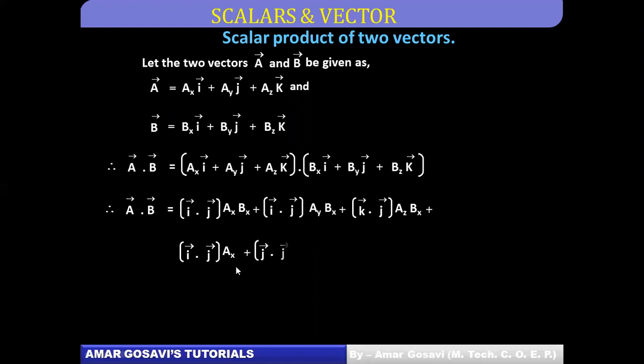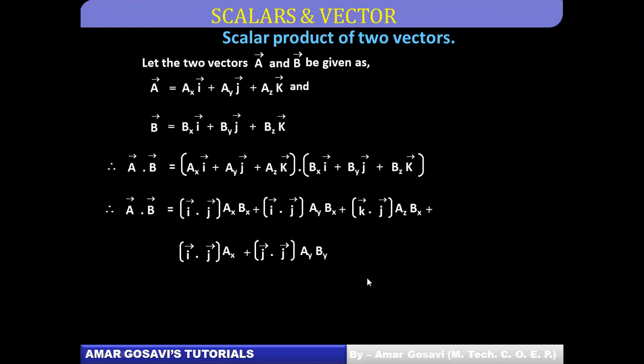Plus second term. If you try to understand, BY being multiplied by AY, so J cap dot J cap, and the coefficients would be AY BY. So that's correctly mentioned over there. The third term, if you try to understand, BY being multiplied by AZ, that means K cap dot J cap.